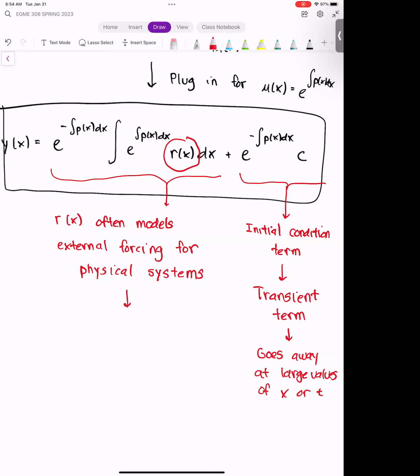And generally speaking, that external forcing is going to persist for a long period of time.